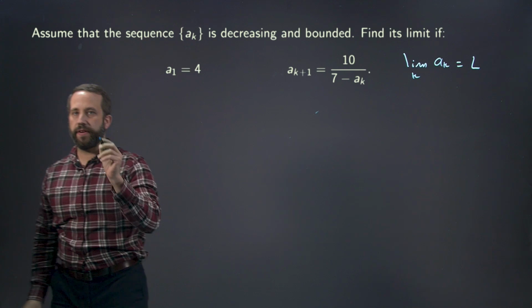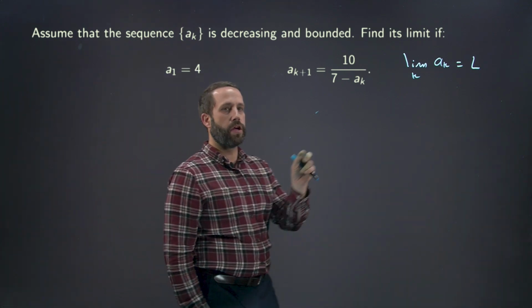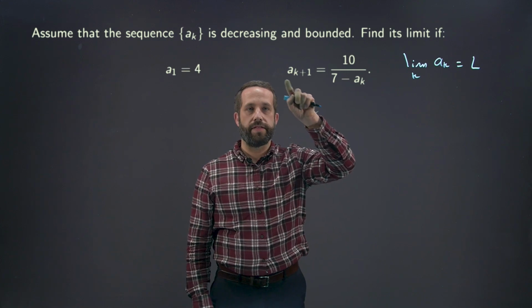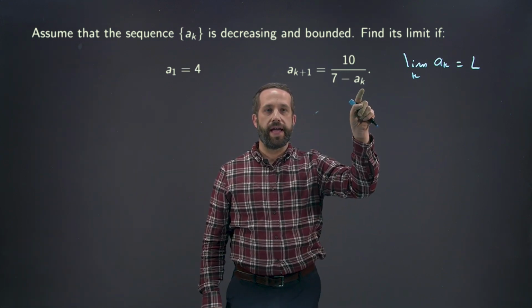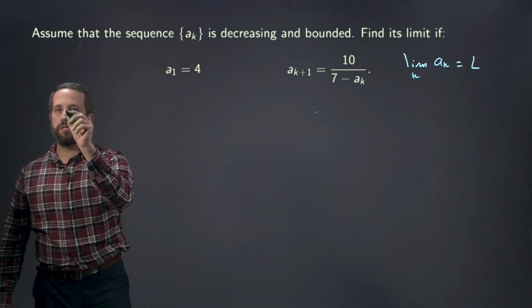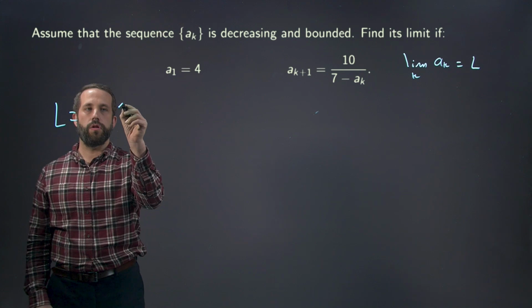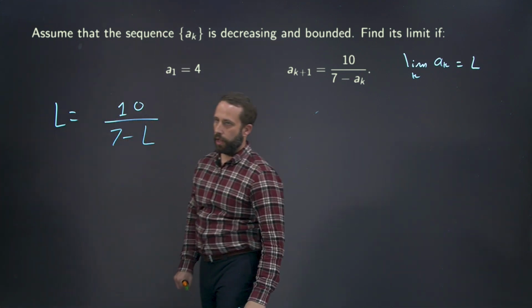The limit of A(k+1) as k goes to infinity is going to be L, and the limit of A_k as k goes to infinity is also going to be L.